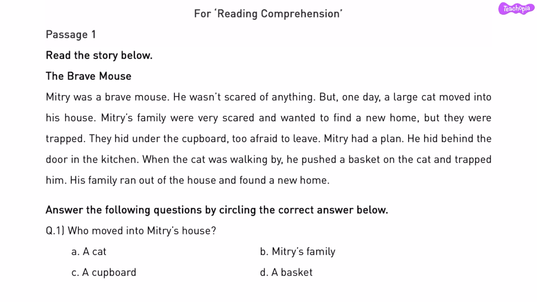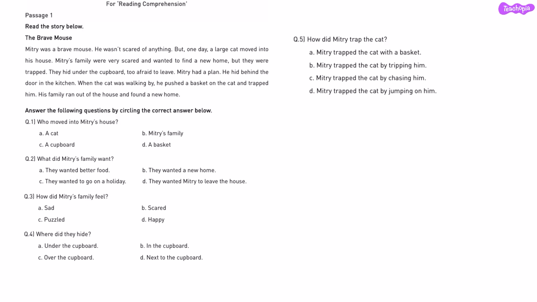Here is a sample worksheet from practice level 5 for grades 5 or 6. The reading comprehension passage given in this sheet will test learners on the various skills developed in the learning levels 1 to 4.